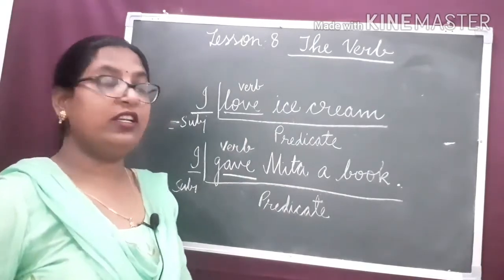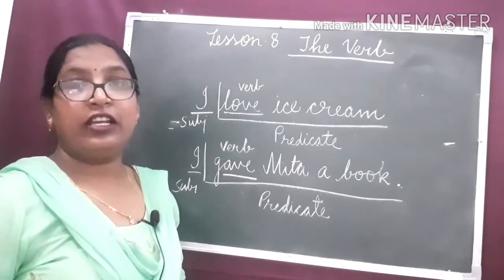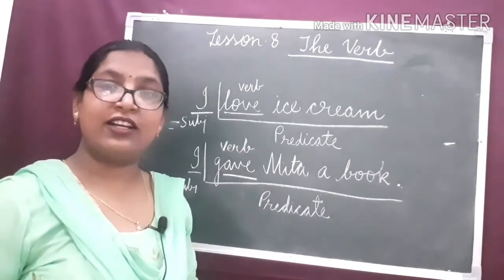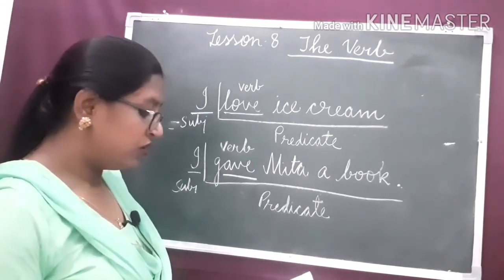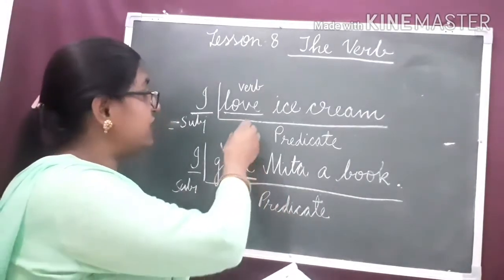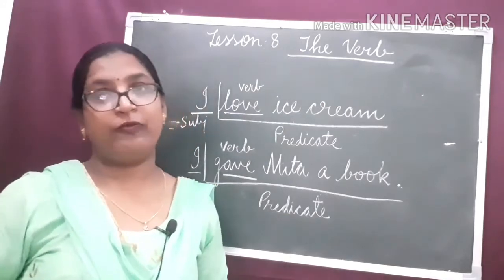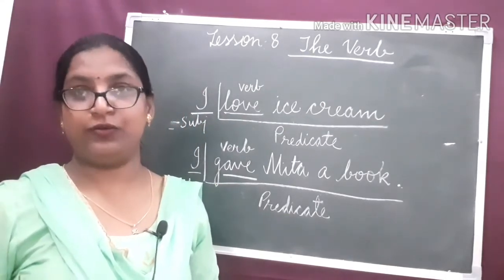So, dear children, in these two sentences, love and gave express the action. As these words are expressing the action, these are verbs. So, the words that refer to an action or state of being or possession are known as verbs.